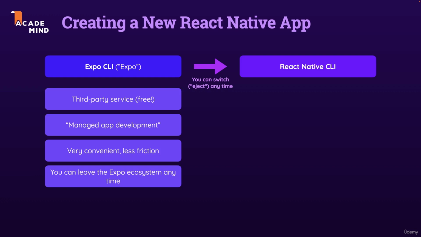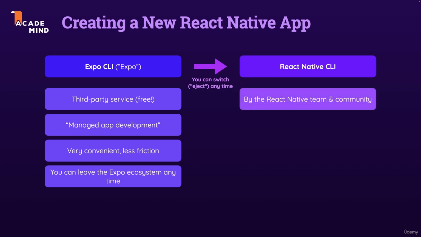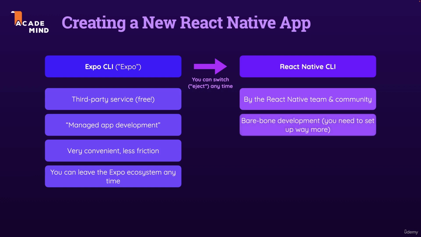Now, why do we have the React Native CLI then? Well, because it existed before we had Expo, because this is the tool provided by the React Native team and the community around React Native. It gives you a bare bone React Native development setup, which means you will need to do more configuration and setup work on your own.